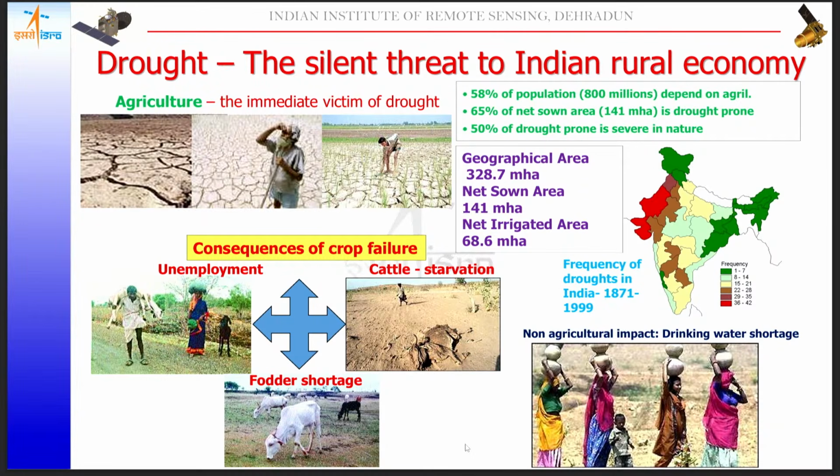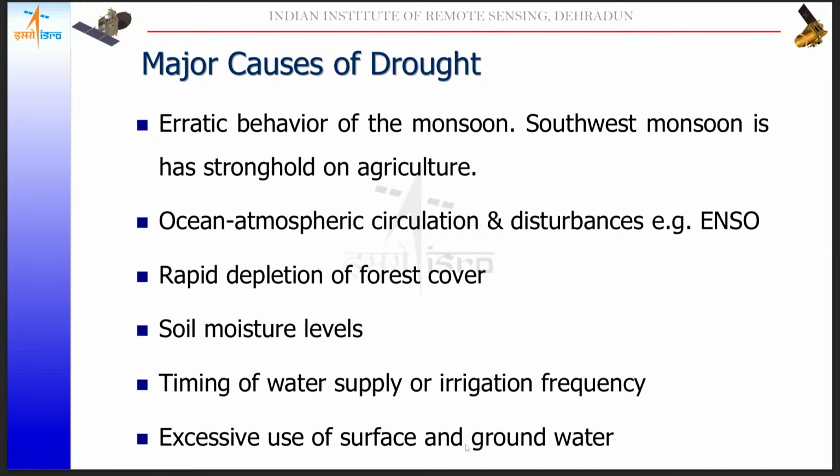Along with this, among the non-agricultural impacts, there is a shortage of drinking water, because if water is not available on farms or in specific areas, there may be a significant reduction in surface, subsurface and groundwater recharge, which may create a drinking water problem. And recently, as you have heard in news from parts of India, because of insufficient rainfall, drinking water limitations may rise over time.